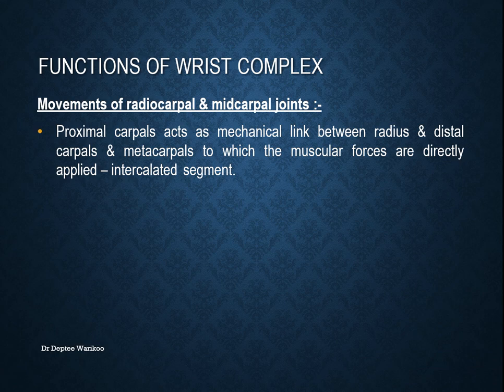Although there are abundant passive forces on the proximal carpal row, as we have discussed earlier, no muscular forces are applied directly to the articular bones of the proximal row. The proximal carpals, therefore, are effectively a mechanical link between the radius and the distal carpals and the metacarpals, to which the muscular forces are actually applied.